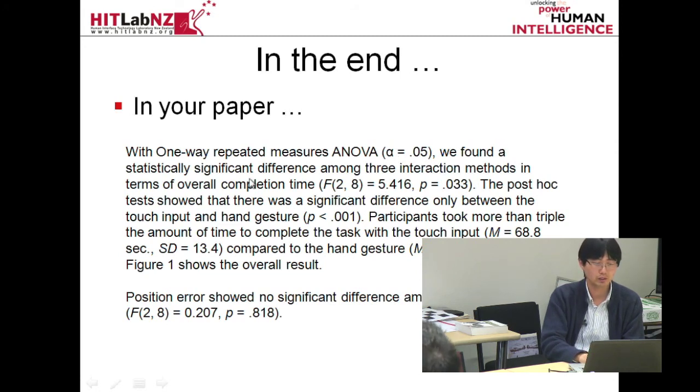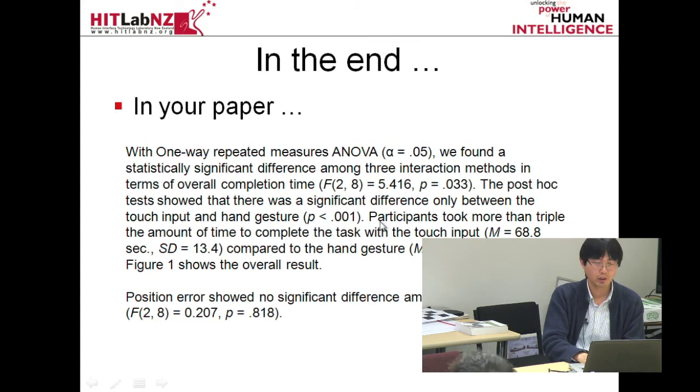We found a statistically significant difference among the 3 interaction methods in terms of test completion time, and report the statistics values. And then, of course, it's ANOVA, and it's comparing 3 methods, so you have to run the post-hoc test. The post-hoc test showed there was a significant difference between the touch input and hand gesture, those 2 interfaces, and report the p-value.